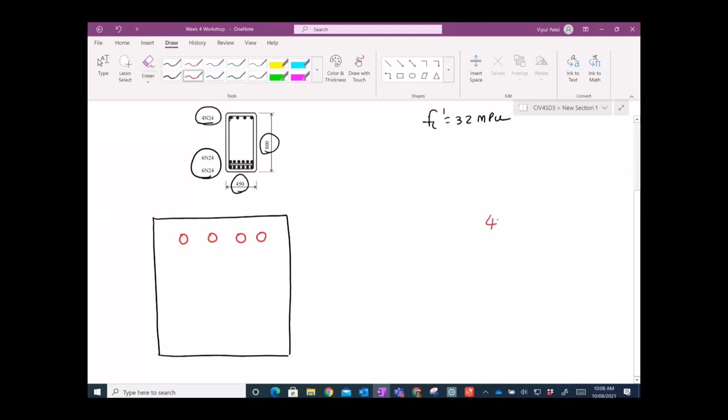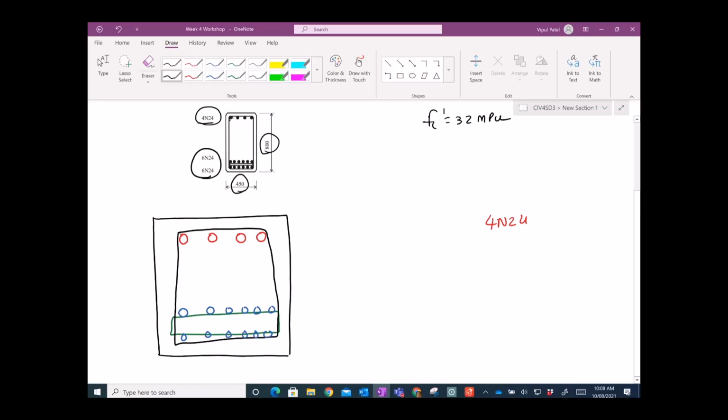Let me write it here, 4 N24s, and then you have this again 1 2 3 4 5 6, and then you have another 1 2 3 4 5 6, and then you have this spacer bar, and then you have this Rio as well.